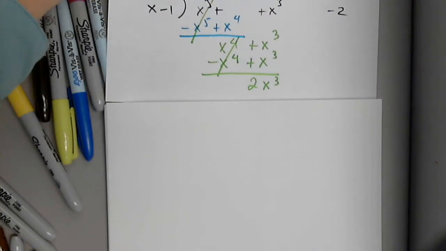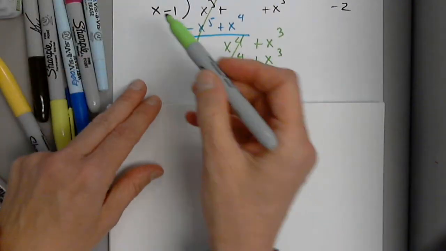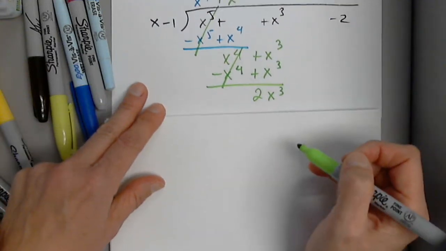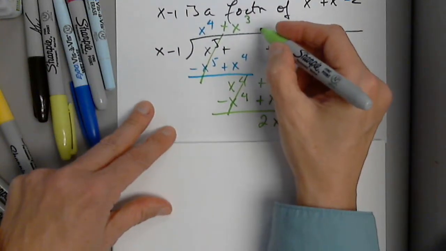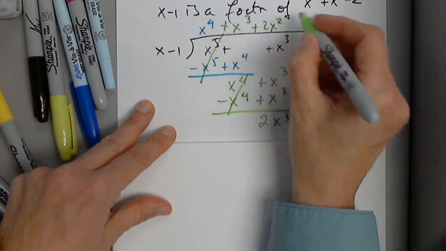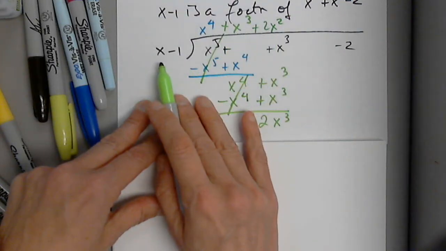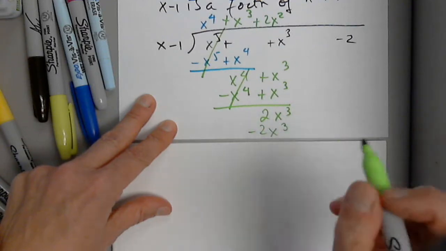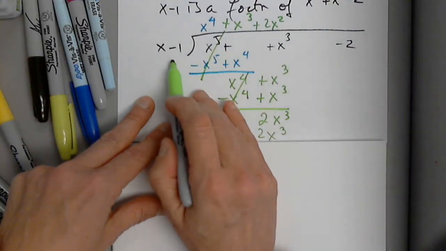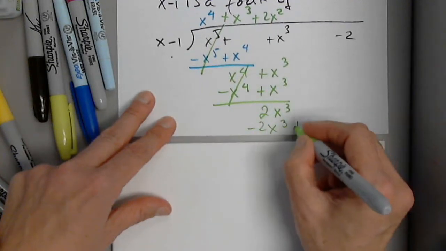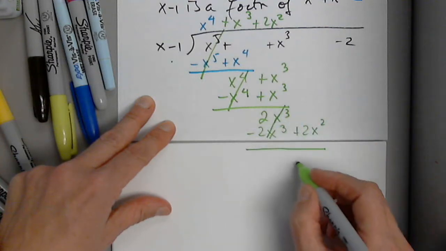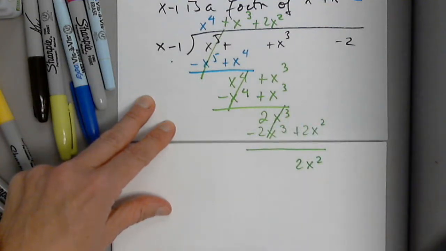Okay, so now, x times what is 2x cubed? Sign? 2x squared times x. It's 2x cubed, but I have to subtract. 2x squared times -1. It's -2x squared, but I have to subtract. These two go away, and I have 2x squared.